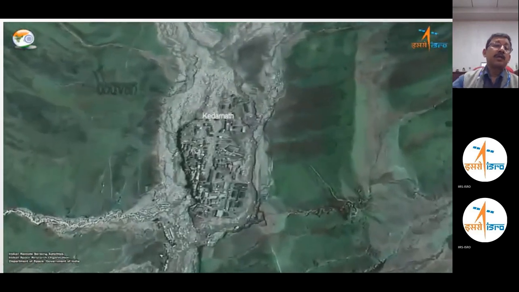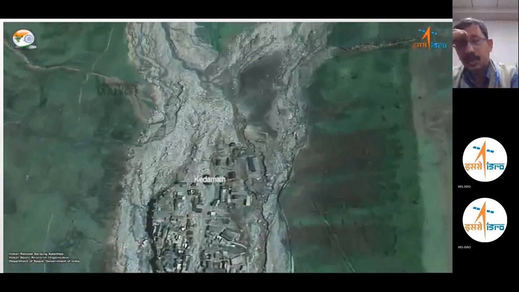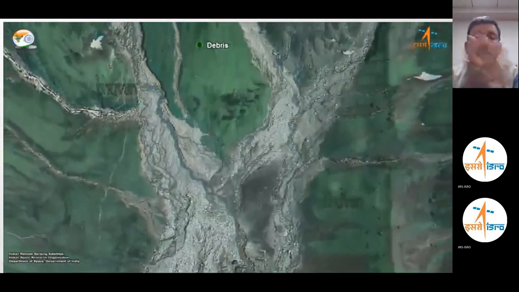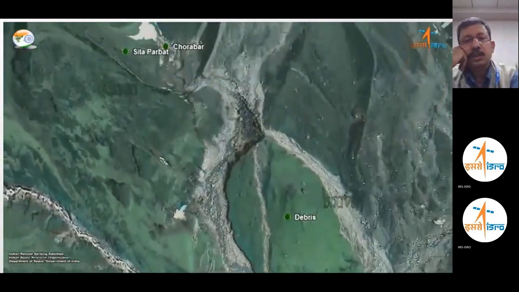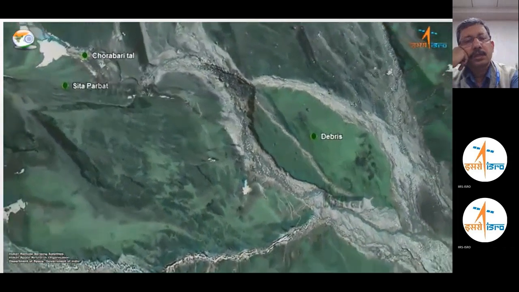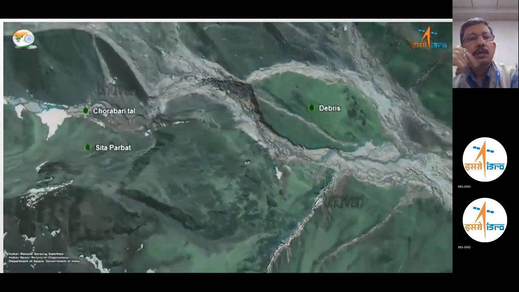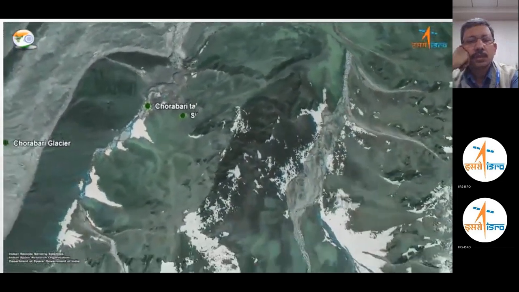And we could very well identify the areas which were damaged and the extent of damage to the roads and other pathways. So you can see the Chorabari Lake, the Chorabari Tal, and on the north of Chorabari Tal is the Chorabari Glacier.